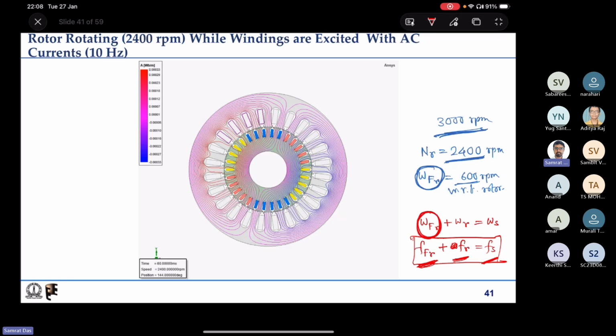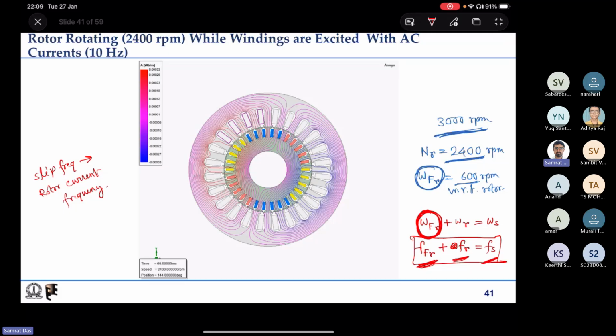If the rotor has some current, this is the rotor current frequency, which is the same as the slip frequency, because this is omega_s minus omega_r. So slip frequency is nothing but the rotor current frequency. We'll see that.